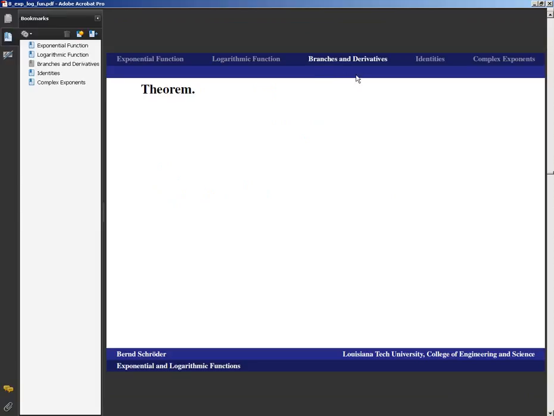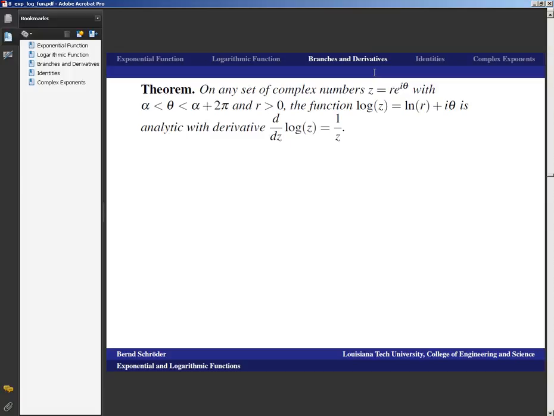Okay, that leads us to the idea of branches and derivatives. First of all, we want to, of course, be able to differentiate our functions, and on any set of complex numbers z equals r e to the i theta, so that there is an angle alpha, so that alpha is smaller than theta, which is in turn smaller than alpha plus 2 pi, so we have to exclude some kind of ray coming off the origin, and r, of course, is still greater than 0.